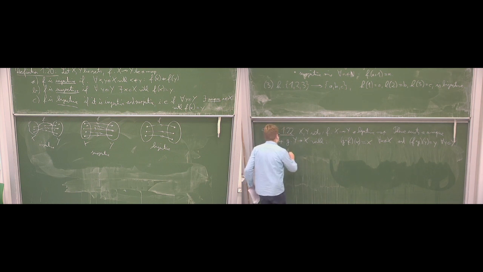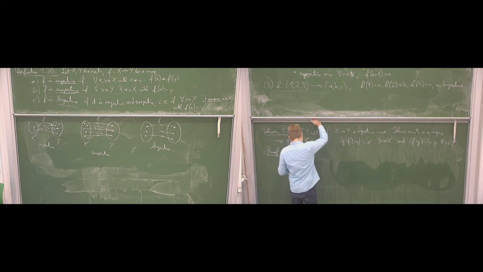So first of all, this is something which is really not that trivial. Uniqueness. Could there be two maps which have this property? So let's assume we have two.